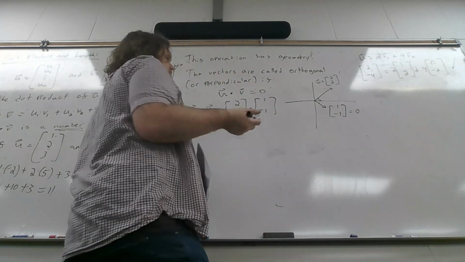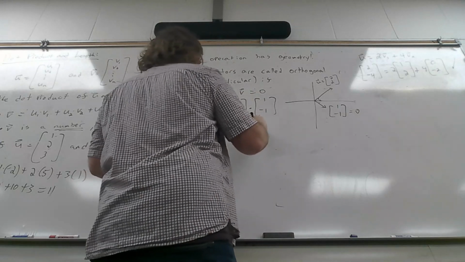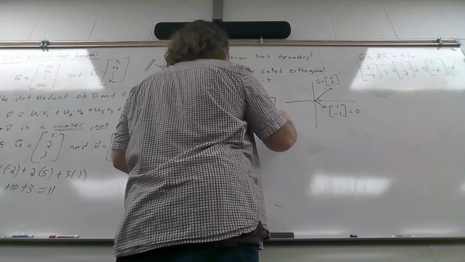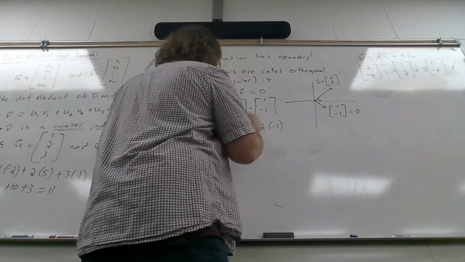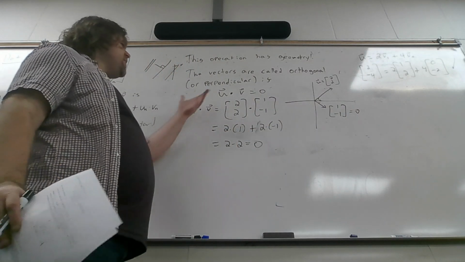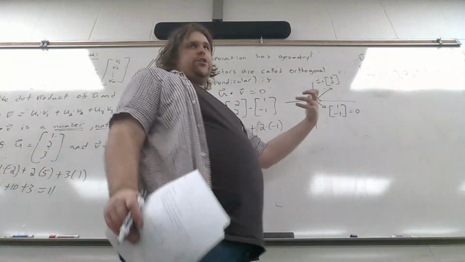Again, it is a number. So 2 times 1 plus 2 times that minus 1. So that's 2 minus 2, which is 0. Okay, that's good news, because that means this new definition in terms of these dot products matches the intuition here.